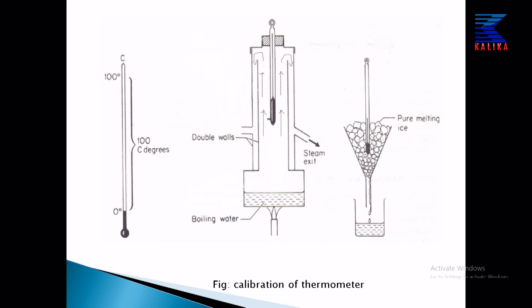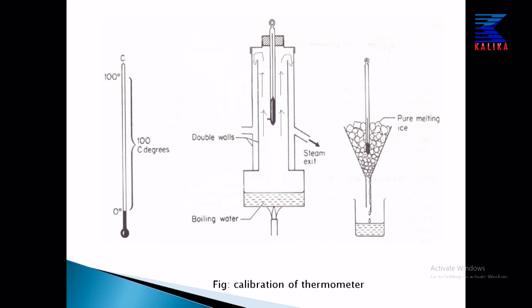That fixed point is termed as 100 degree Celsius and it is the upper fixed point. In the other one, the mercury-filled thermometer is dipped in a funnel containing ice. That ice starts to melt and we find a temperature. That temperature is 0 degree Celsius.